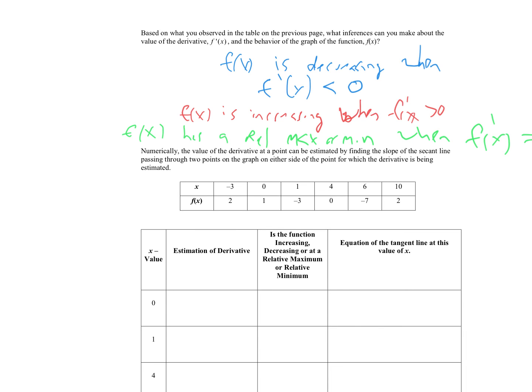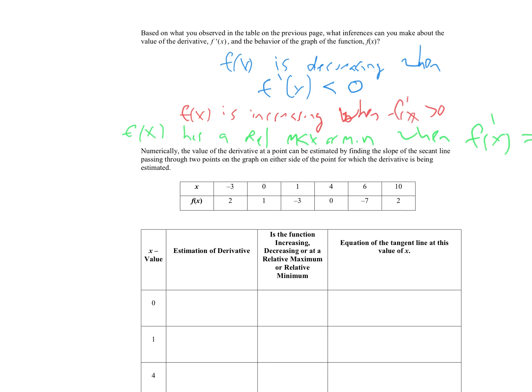So often they're going to ask you for the behavior of the graph. And you're going to find these special x values, and you're going to say, what's happening at x is 2? And you're going to say, when x equals 2, f prime of x is less than 0, therefore the graph is decreasing at x equals 2. At x equals 5, the function is increasing because f prime of x was greater than 0.